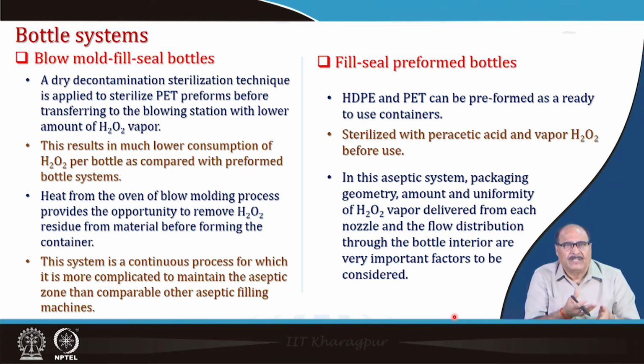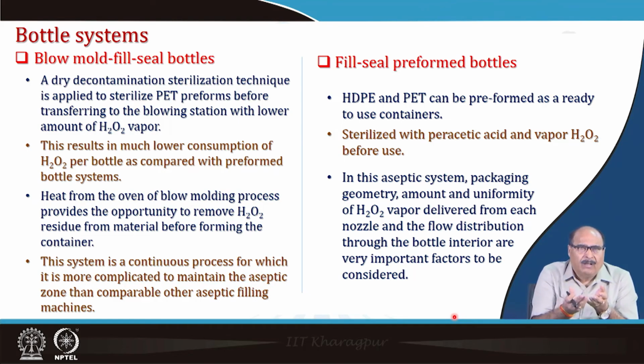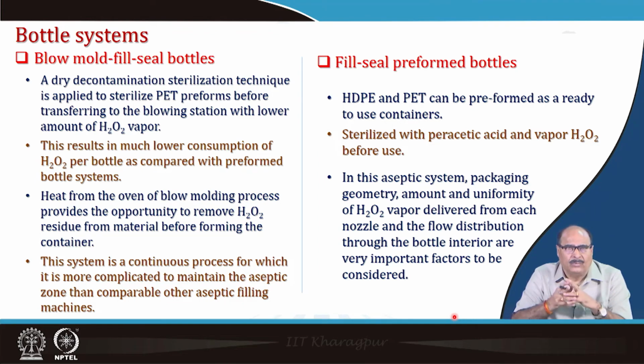This results in much lower consumption of H2O2 per bottle as compared to the pre-formed bottle system. Heat from the oven of the blow molding process provides the opportunity to remove H2O2 residue from the material before forming the container, and the system is a continuous process, for which it is more complicated to maintain the aseptic zone than with other aseptic filling machines.